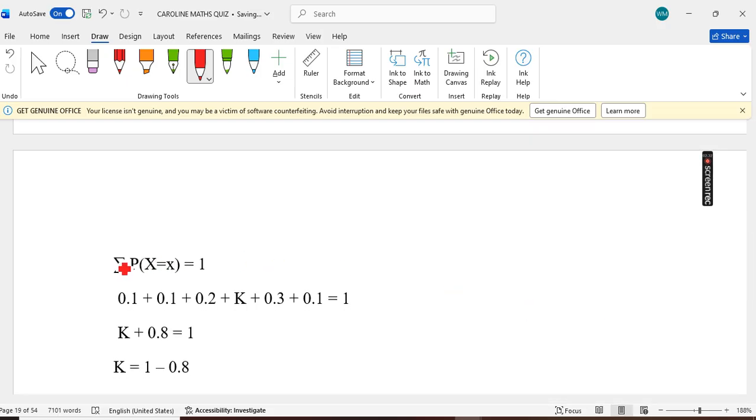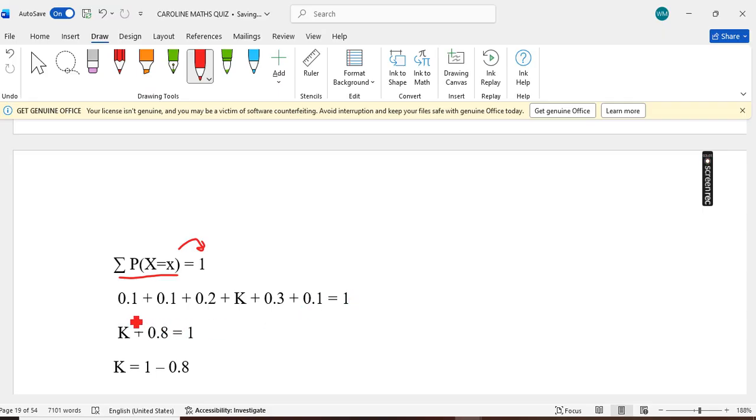So I'm going to put this sigma p open brackets x equals x. What this is saying is, when you add up the probabilities, you are going to get 1 which represents 100%. So 0.1 plus 0.1 plus 0.2 plus k plus 0.3 plus 0.1 equals 1.